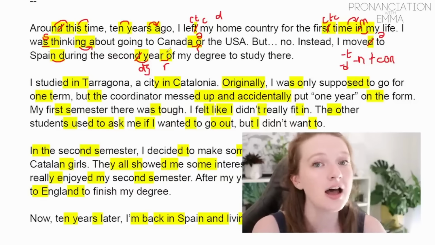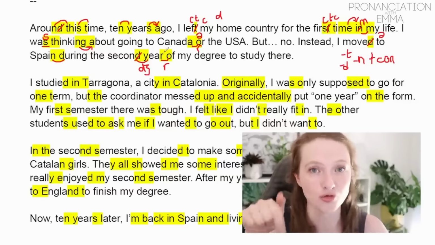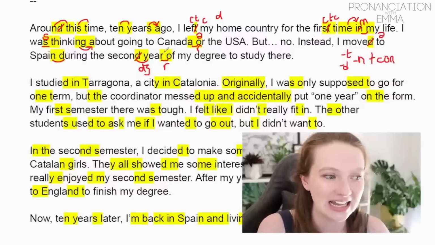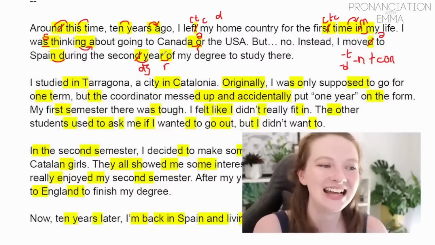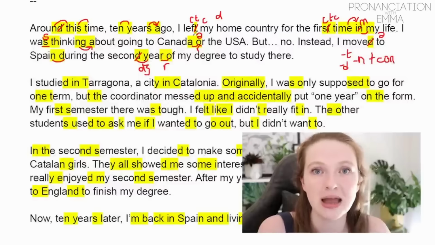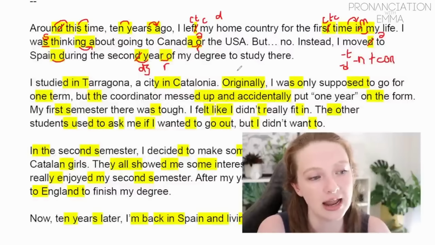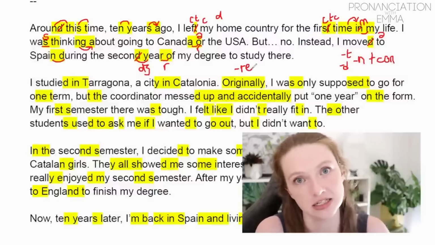A super easy way to know if it's intrusive or linking, if you care to know what the difference is. If there is an R, the letter R, in the spelling towards the end of the word, it is a linking R. If there is no R in the spelling, and this includes words that end like RE, like centre, the British way of spelling centre, right?